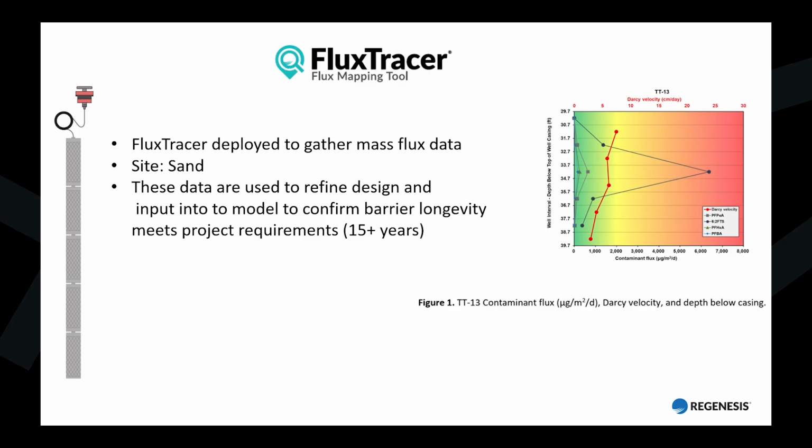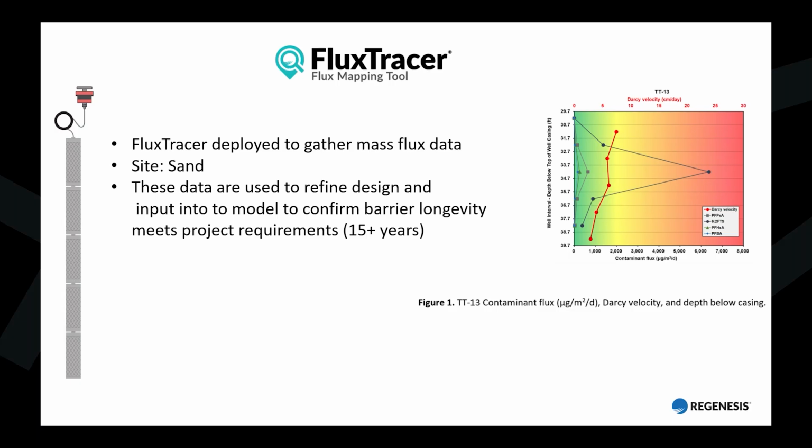So just as an example of data that we see, this is a PFAS site that was in the Northeast. Now this was a sand, so you think, oh, this may be pretty uniform, but you did see some variations in the Darcy velocity, but really most critical was you saw where most of the PFAS compounds were moving.